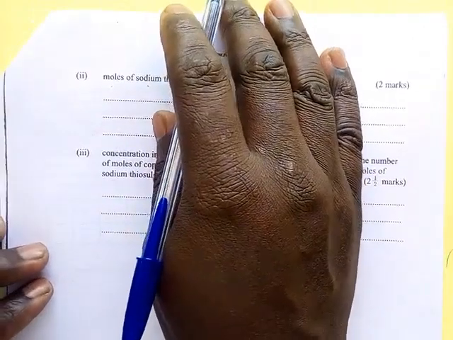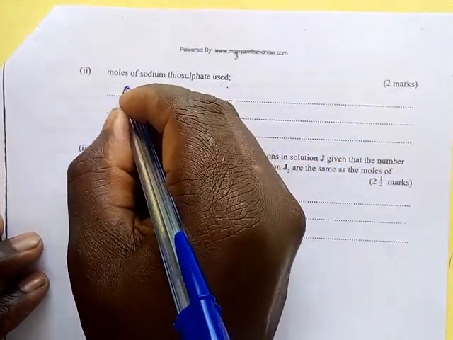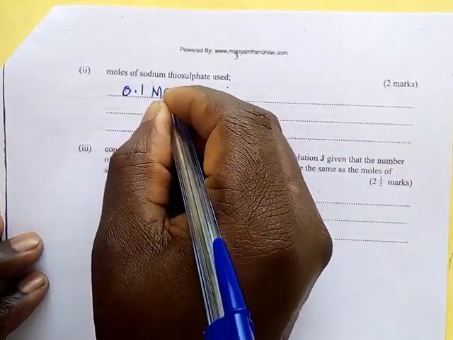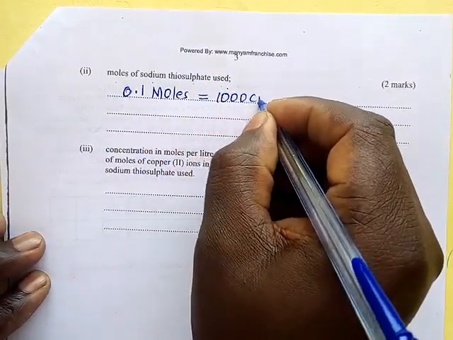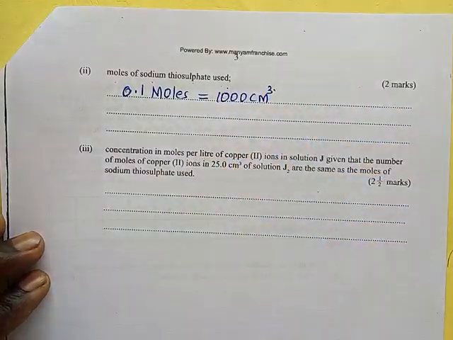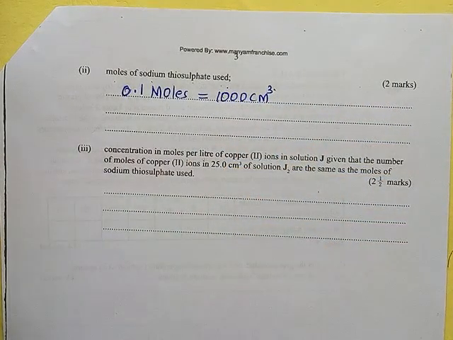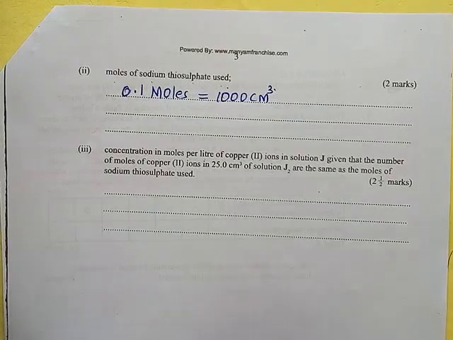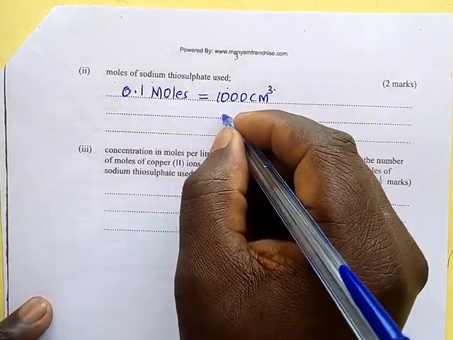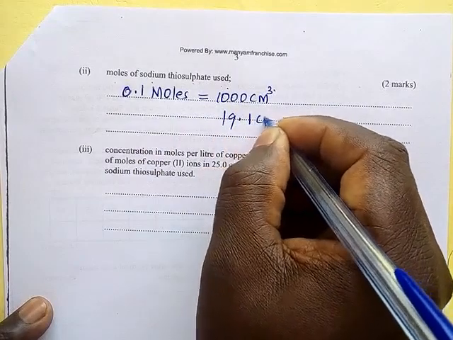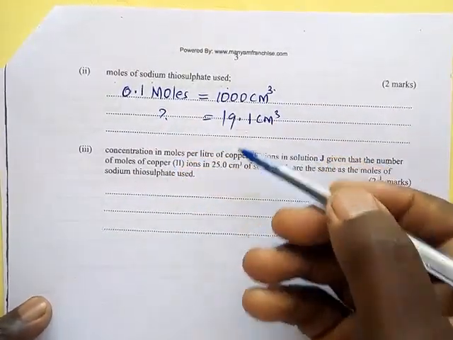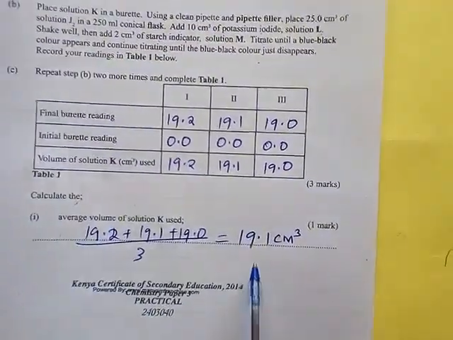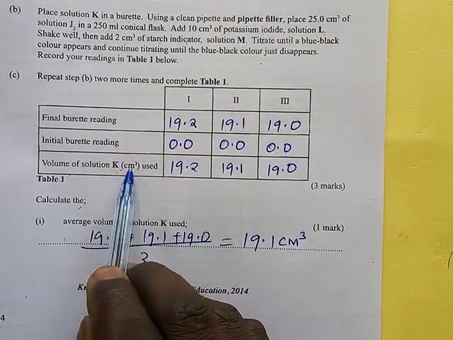So we say here that 0.1 is the number of moles which are in 1,000 centimeters cube. But we have used sodium thiosulfate solution K, 19.1, so we will ask: 19.1 centimeters cube will contain how many moles? 19.1 is our volume, solution K, sodium thiosulfate.